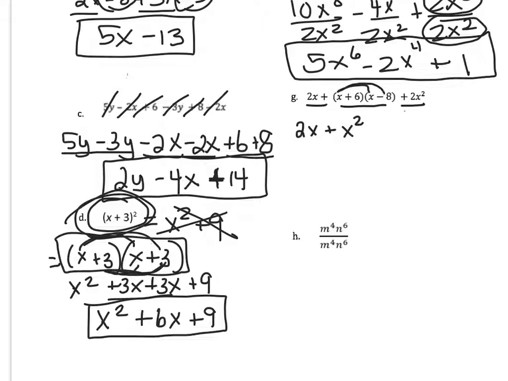X times negative 8 gives me negative 8x. Taking the 6 through, 6 times x gives me positive 6x. 6 times negative 8 gives me negative 48. And then I have a plus 2x squared hanging off the end.